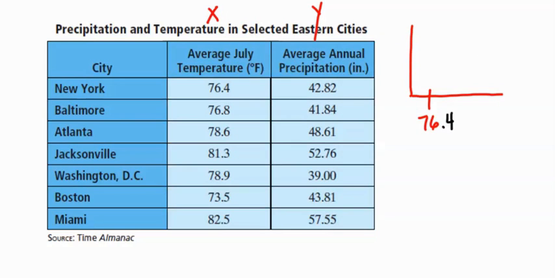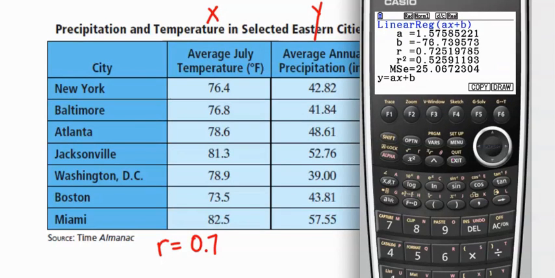Now, if they ask us what is the correlation coefficient, it would be 0.7, I think it was 0.725.